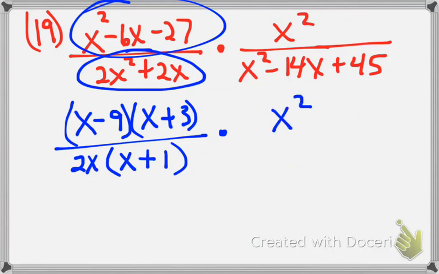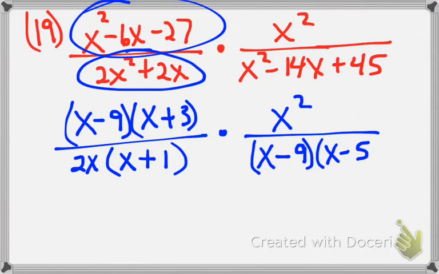On the right side, x squared is already a factored term. There's nothing to factor there. And then for x squared minus 14x plus 45, I need to see what multiplies to give me 45 and adds to give me negative 14. I think we've done this one already once. So it's x minus 9 and x minus 5.